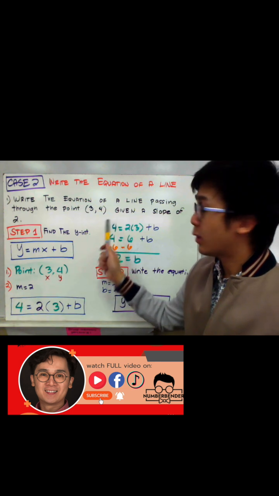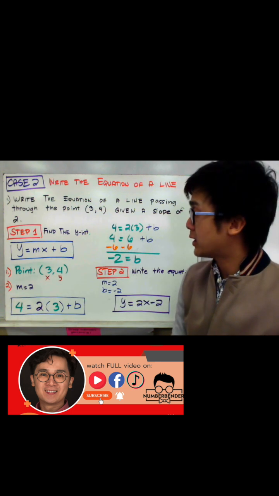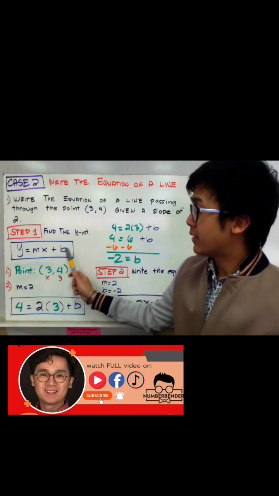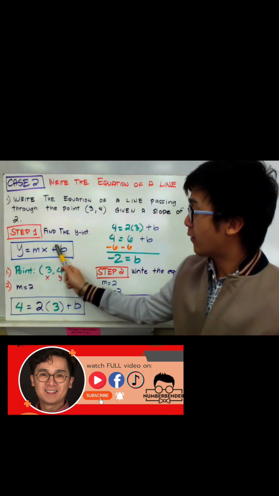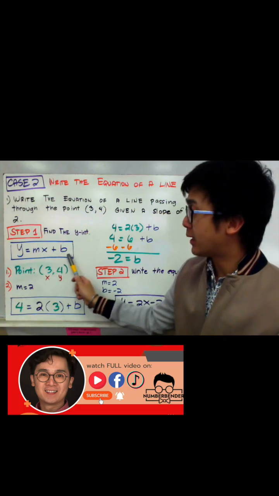Because we already know what the slope is, we just need to find the y-intercept so we could complete our equation. So the slope-intercept form is given by y = mx + b. And this formula is what we need to help us find the value of the y-intercept, which is in this case the letter b in the formula.